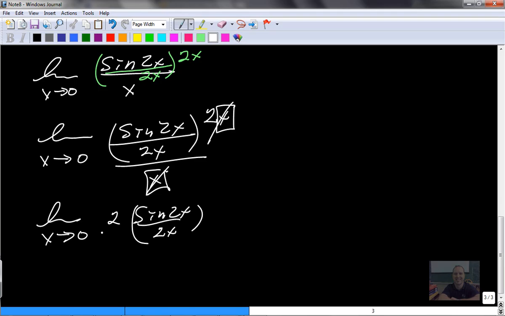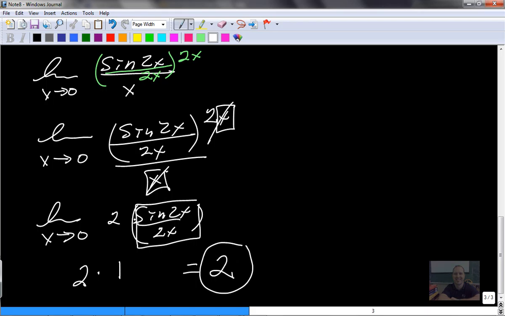Using the properties of limits, you can take the limit as x approaches 0 of 2, which is just 2, and the limit of this over here, we know, is 1. So you can use this property to calculate simple limits.